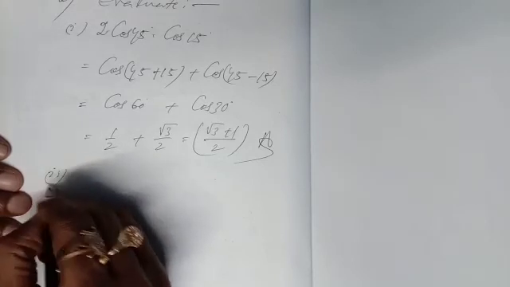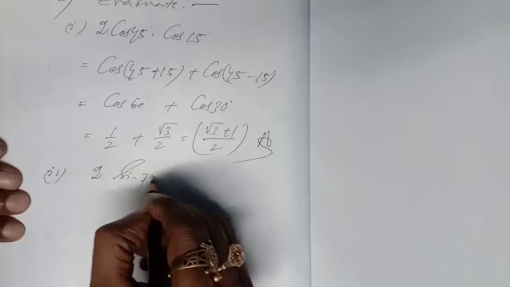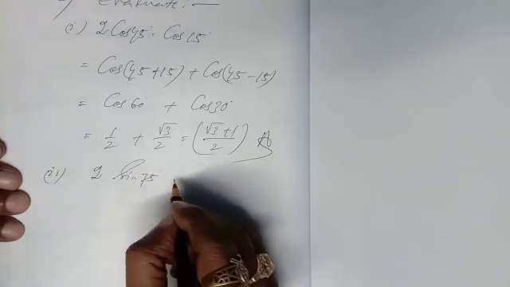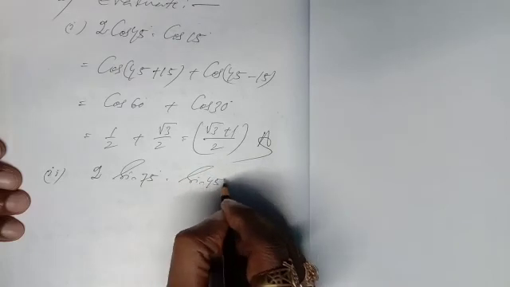For the second part, the question is given as 2 sin 75 degree into sin 45 degree.